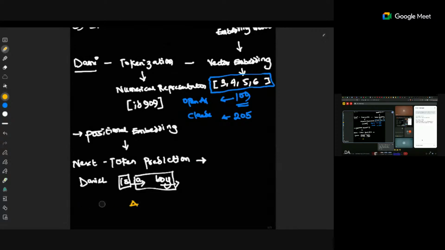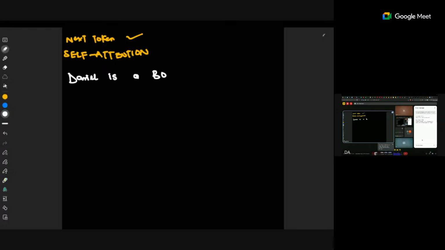Okay, self-attention. But to do that, let me quickly switch to this. Now, this is what self-attention is: "Daniel is a boy." What this means is that if I'm predicting the word "a", don't forget it's next token, left to right. I'll also explain a situation where this left to right doesn't really occur.